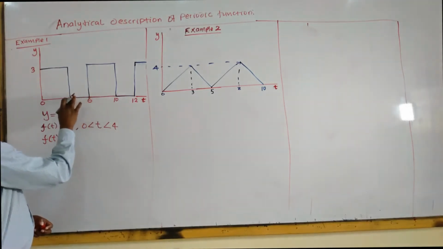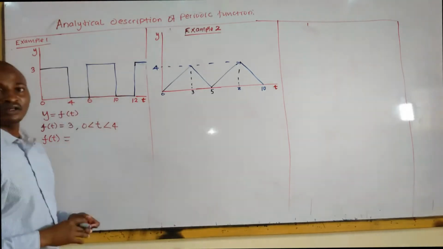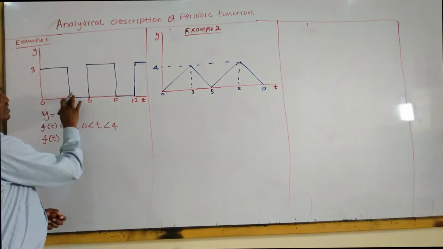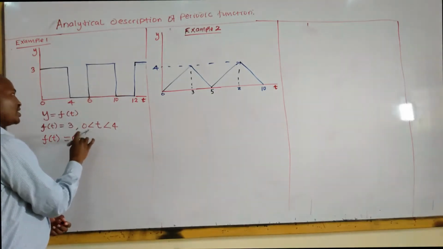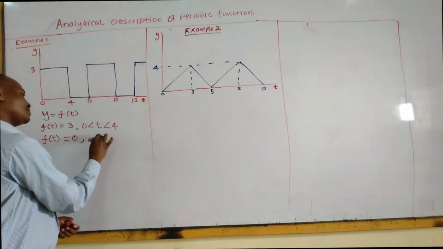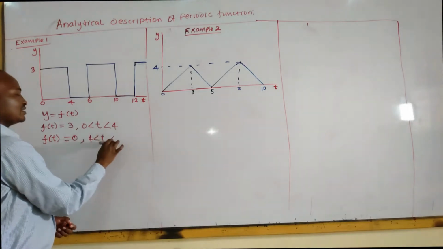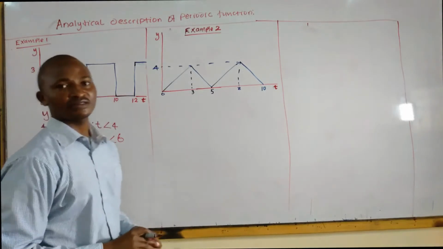Here we have the t-axis. So the value of y here is 0 on the time axis. Therefore you can say the function is equal to 0 between time is equal to 4 seconds and t is equal to 6 seconds.